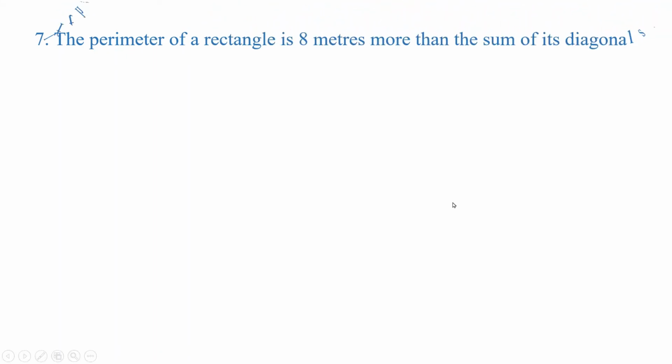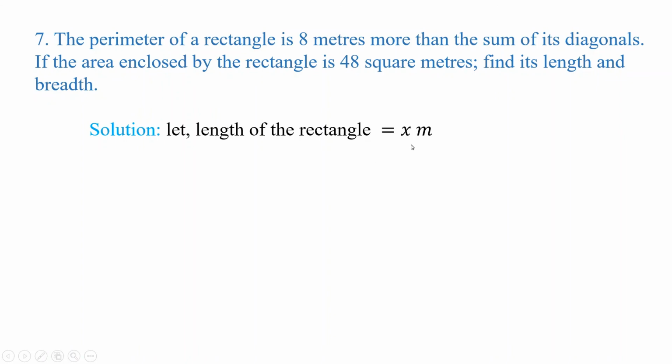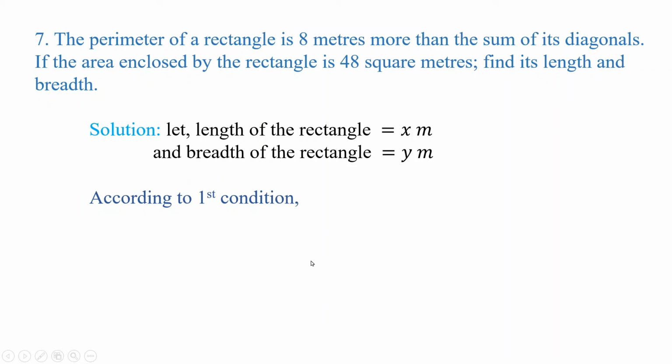Problem 7. The perimeter of a rectangle is 8 meters more than the sum of its diagonals. If the area enclosed by the rectangle is 48 square meters, find its length and breadth. Let length of the rectangle be x meter and breadth of the rectangle be y meter. We know perimeter of the rectangle is 2 into length plus breadth. Therefore, according to first condition, 2 into x plus y is 8 meters more than the sum of its diagonals.